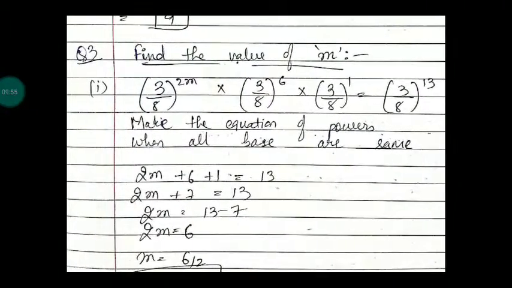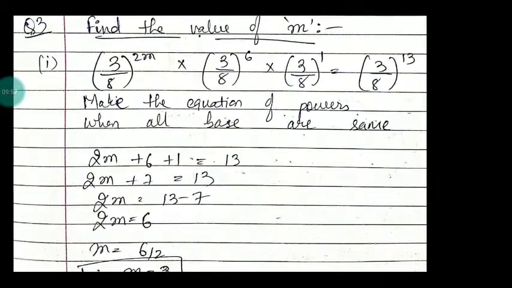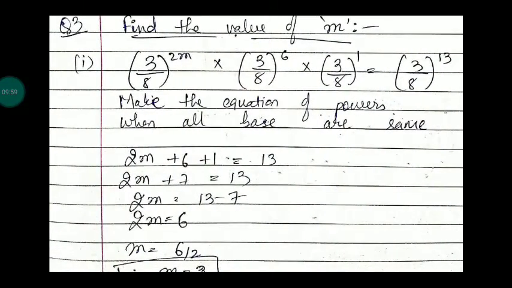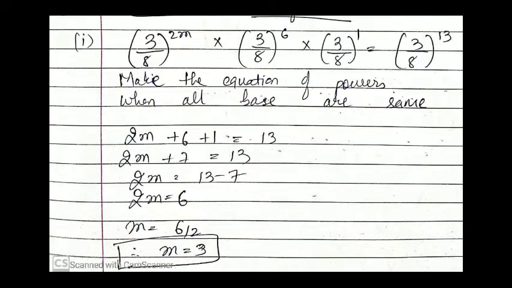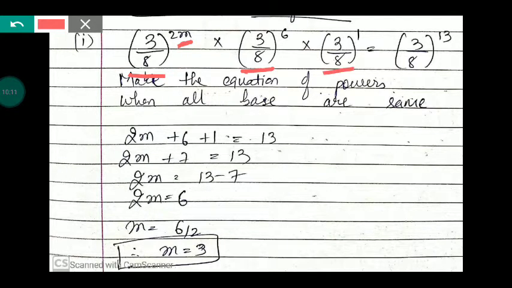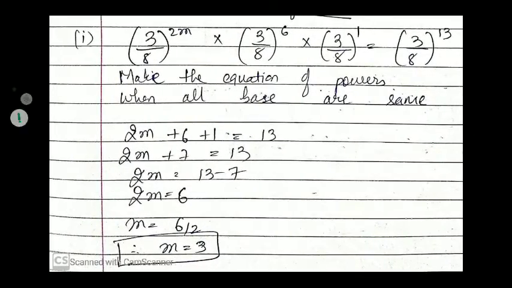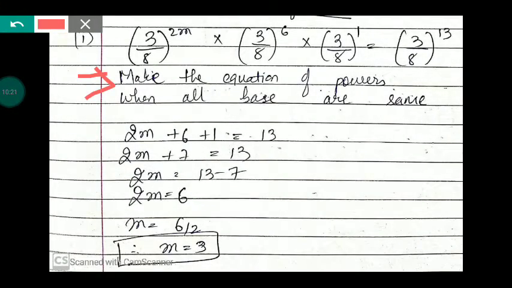The next question is find the value of m. Here the equation is given and you are supposed to find the value of m from here. You can see one thing common is the same base in all. Now, when you have the same base, you can make the equation of the powers.